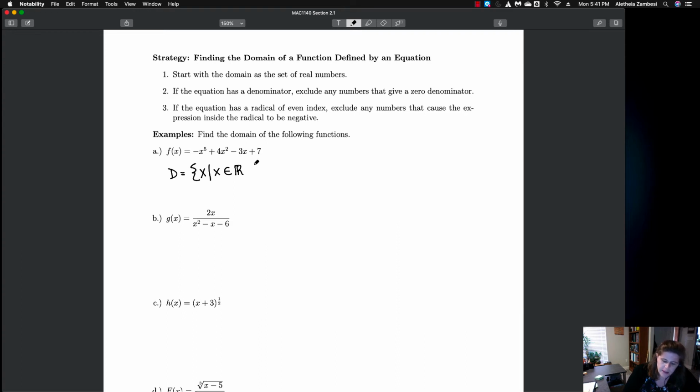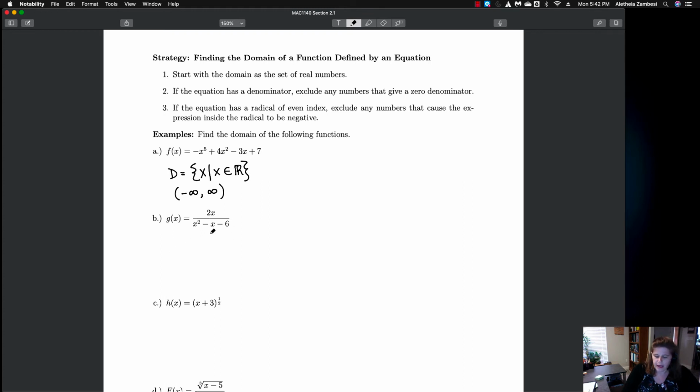The scripty R means the set of real numbers, and the scripty E means an element of. So x is one of the real numbers. The other one is called interval notation, and in interval notation we would notate this as negative infinity to infinity, which means any real number is fine.